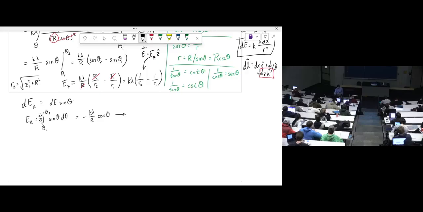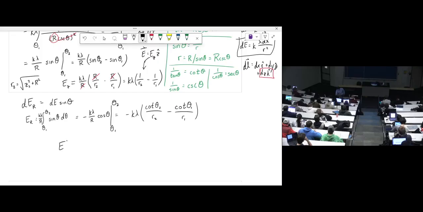And going through and making the same substitution, solving at our boundary points, just like we did before, what you end up getting is minus k lambda times the cotangent of theta 2 over r2 minus cotangent of theta 1 over r1. We leave it in the trig form here just because it gets a little bit complicated.